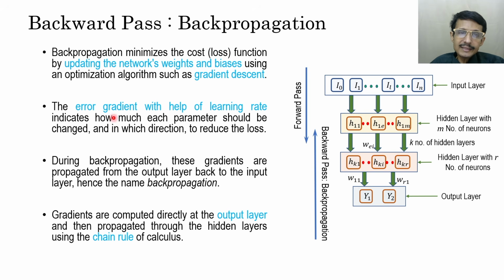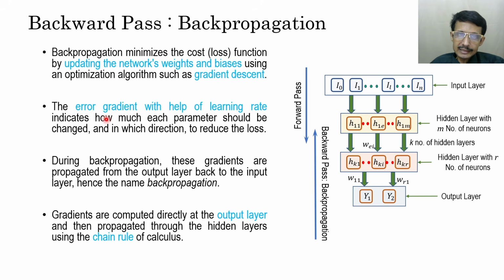So why this error gradient? Now this error gradient, with the help of the learning rate, indicates how much each parameter should be changed and in which direction to reduce the loss in a particular epoch or a particular iteration. What the learning rate is, we will come to later.